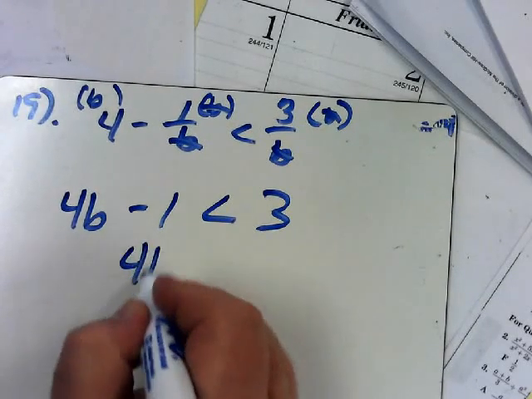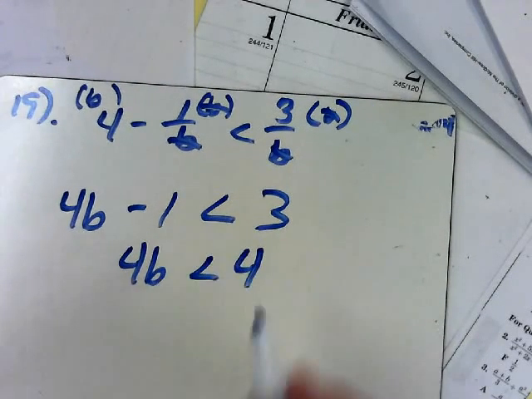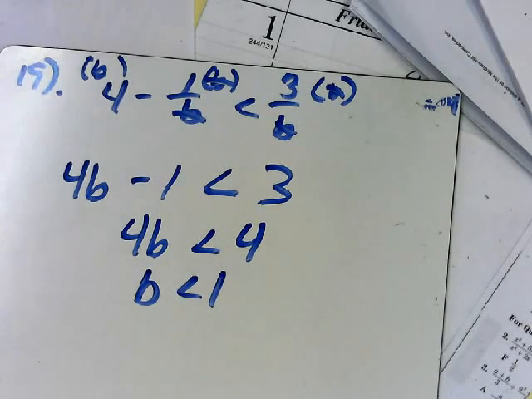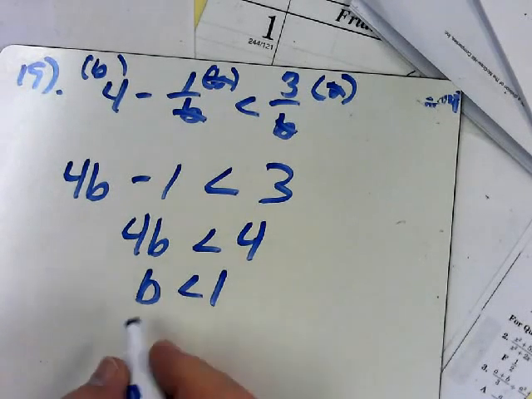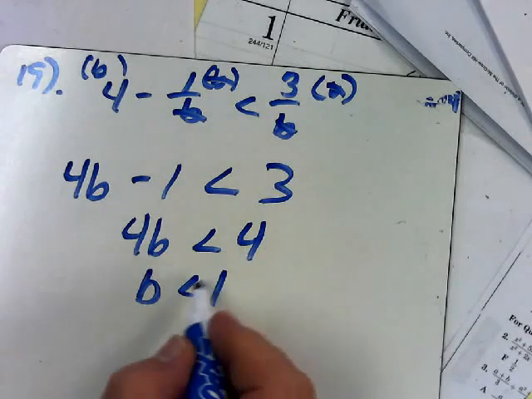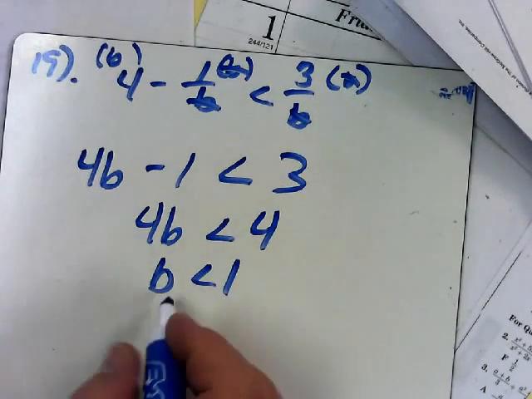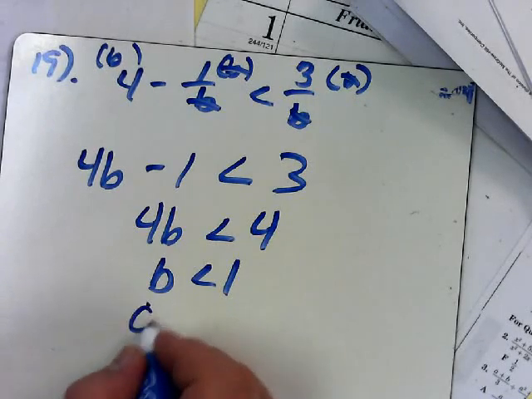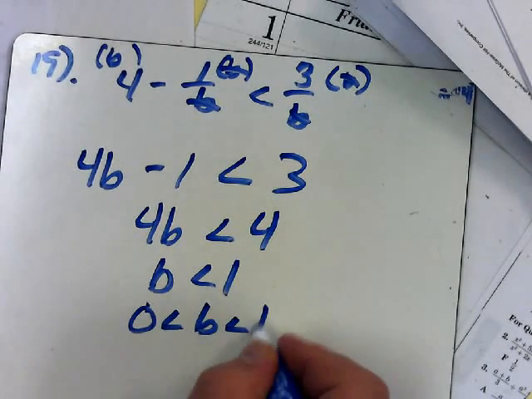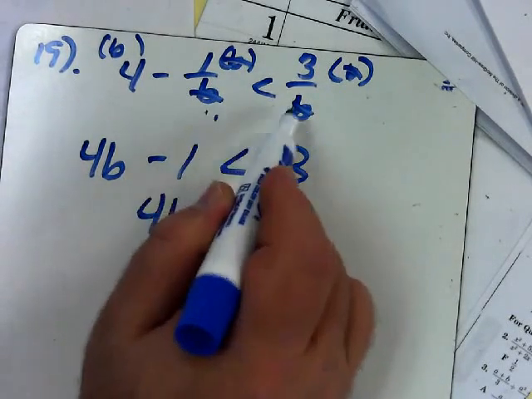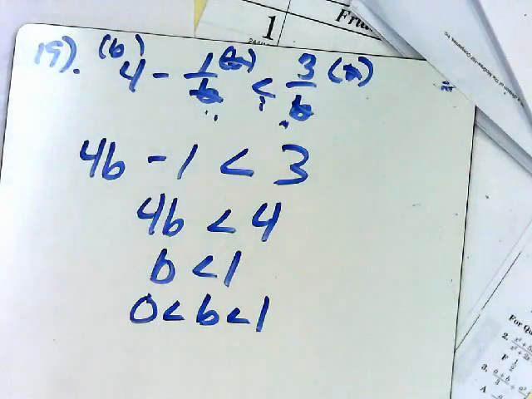So 4b is less than 4. B would be less than 1. But if I go and put in all the negative numbers, they will not work, which is where 0 is less than B is less than 1 becomes your correct answer. Because if I put in negative numbers here, this sign flips.